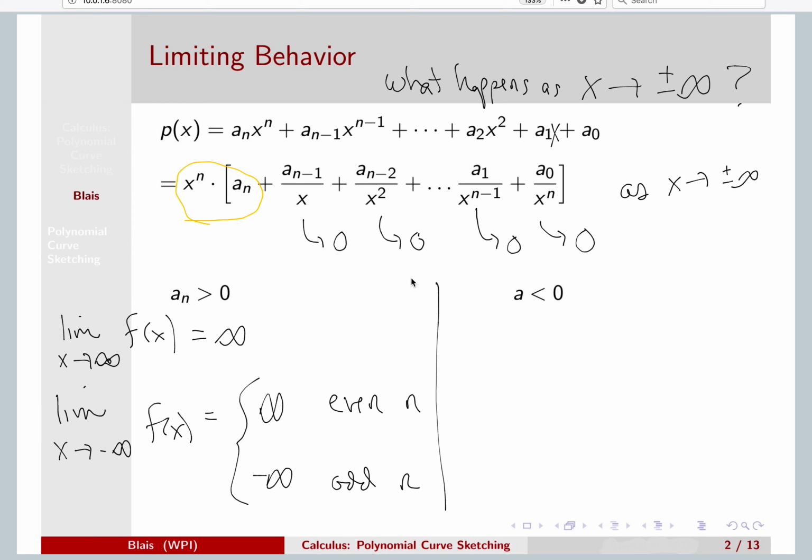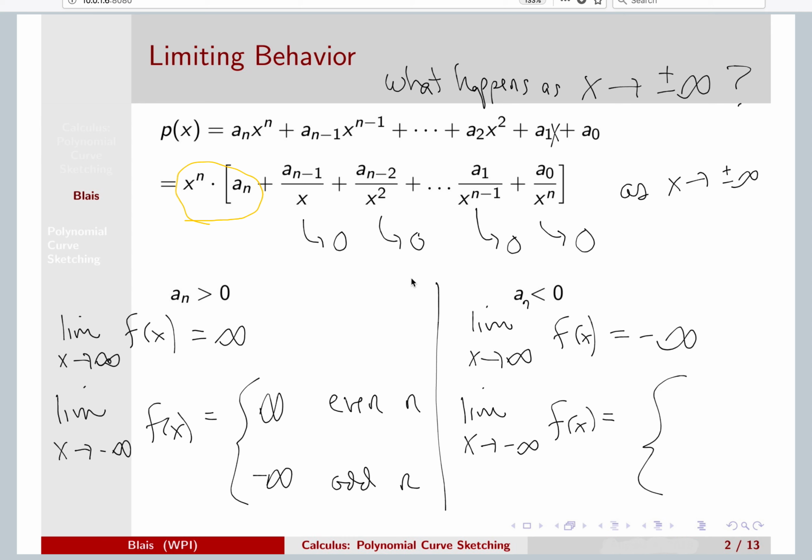We do the same type of case here when a sub n is negative. If a sub n is negative and x is going to positive infinity, x to the n is huge. So you have something huge and positive times a negative, so we go to minus infinity. And we have the same type of issue when x goes to negative infinity.